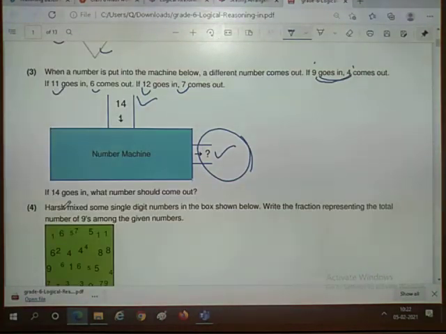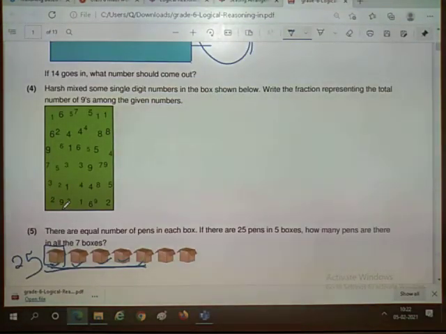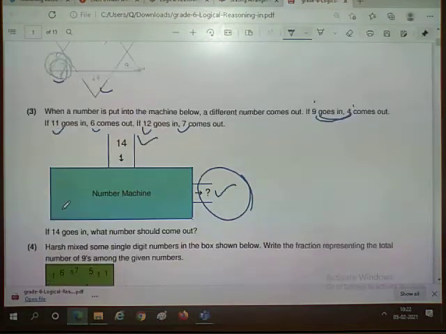Now third and fourth. Now third one only. Third one has been taken. Now this is fourth and fifth. Yes, ma'am. Okay, now solve it. Solve it now.